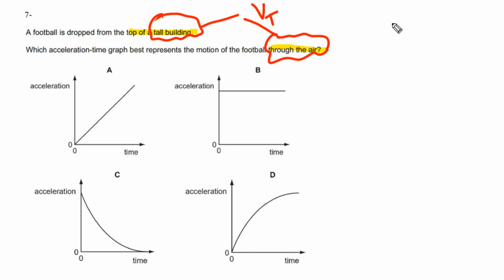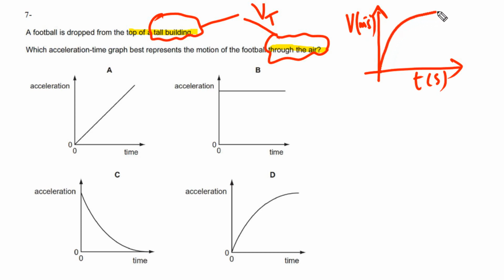Now we understand the football will reach terminal velocity, so we can sketch a velocity versus time graph. As you can see, velocity is on the y-axis, and we can sketch time on the x-axis. This is a kind of typical graph at AS level physics. So the graph will look like this.